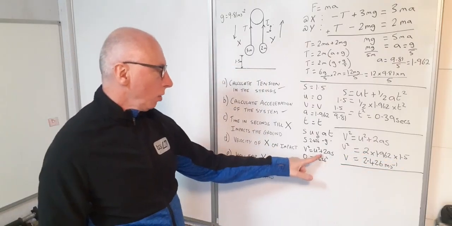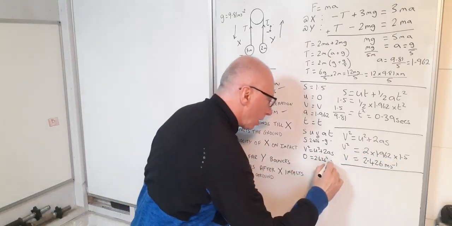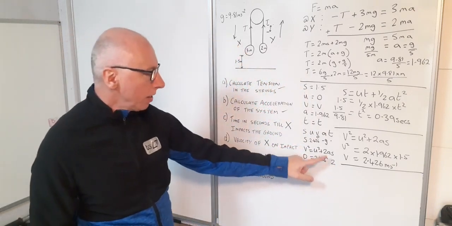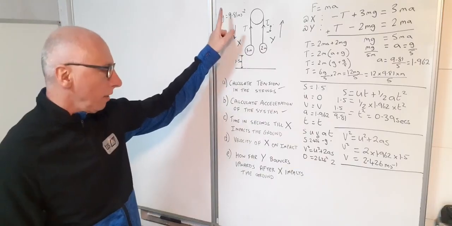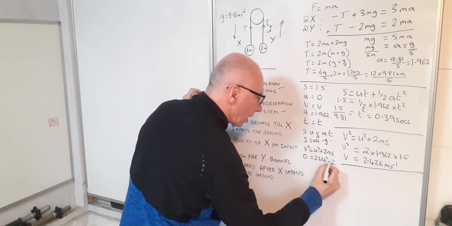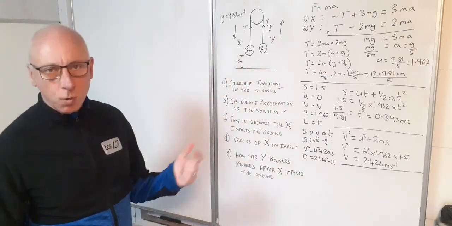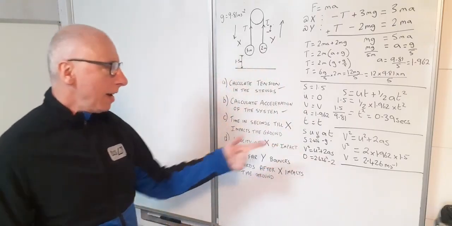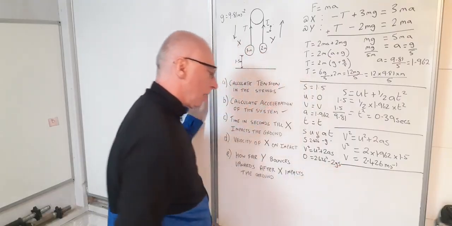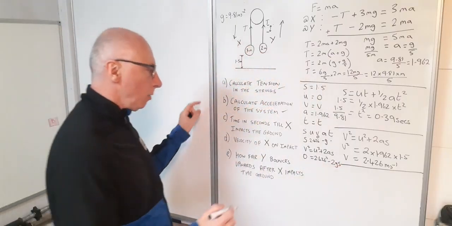And then we've got 2 times gravity, which is now negative. So I left out the plus sign there because as gravity is going to be negative, as it's now going downwards away from the direction of upwardsness. So I've got minus 2GS. Okay, so now what have I got there now?